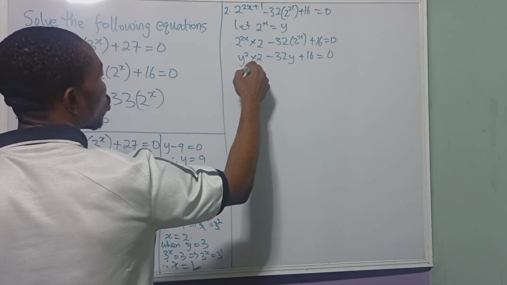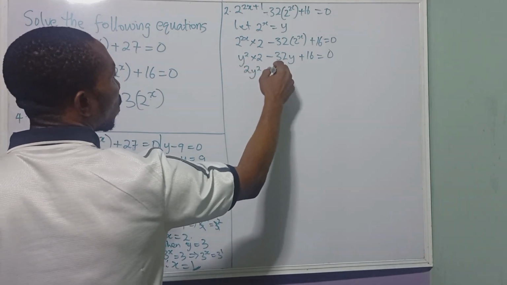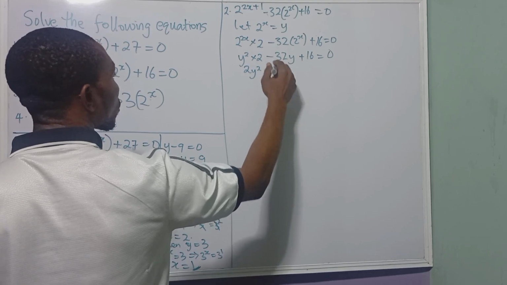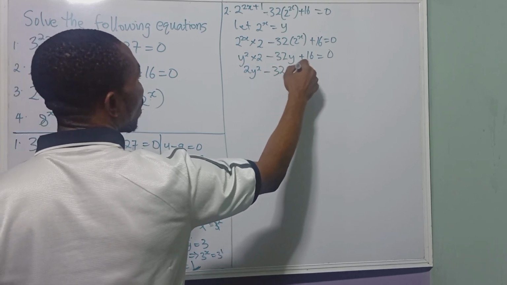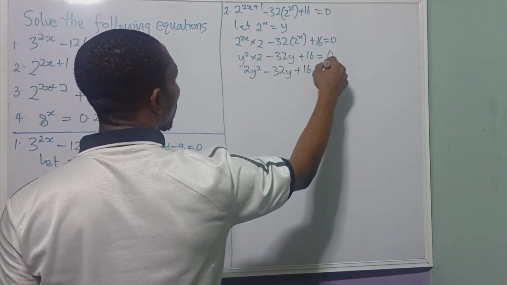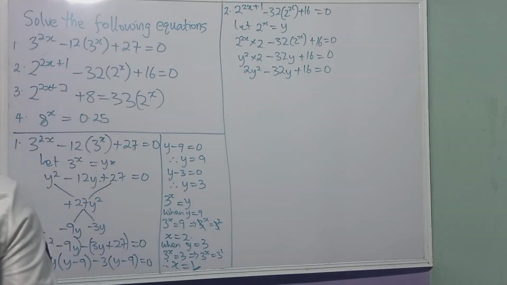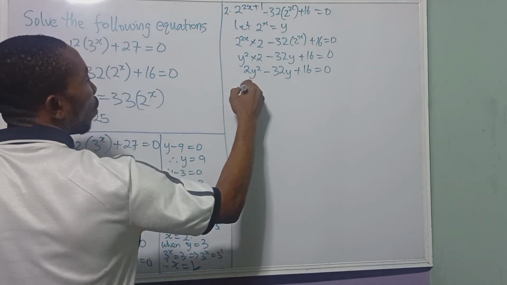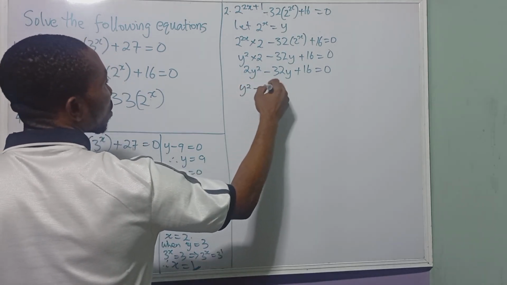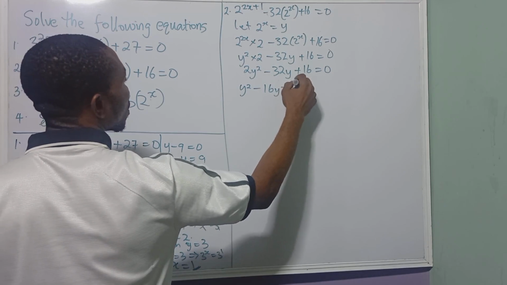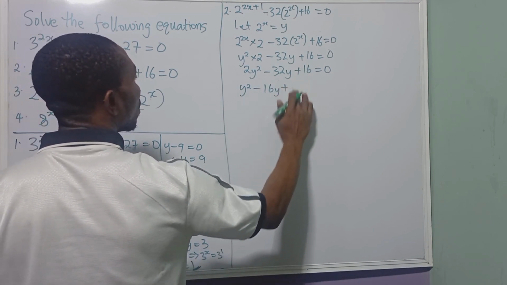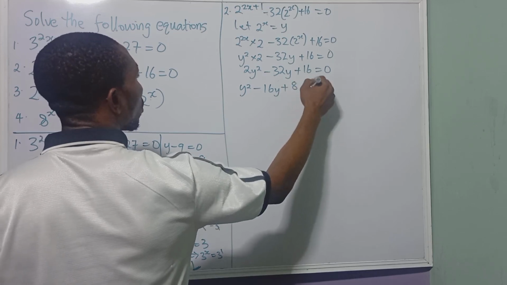Okay, so this gives us 2y squared minus 32y plus 16 equals 0. We can now divide through by 2 to have y squared minus 16y plus 8 equals 0.